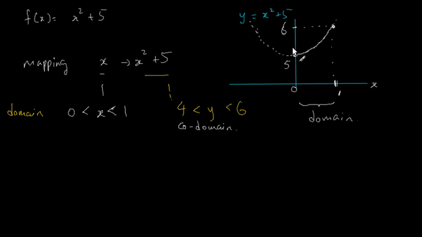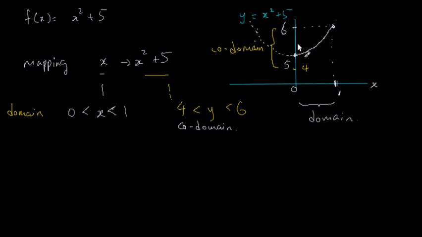This is the axis, or the number line, for the y value, the answer from this formula, and the allowed values are between 4 and 6. So 6 is there, 4 is somewhere there. Not quite to scale, but between 4 and 6 is between here and here. So this is my codomain, my allowed values of y.